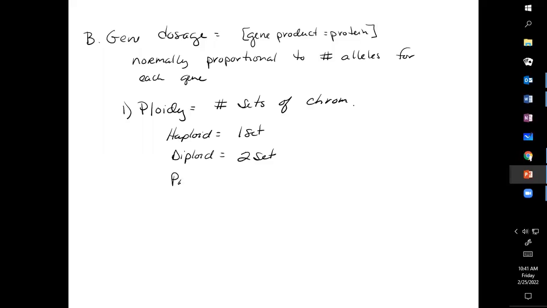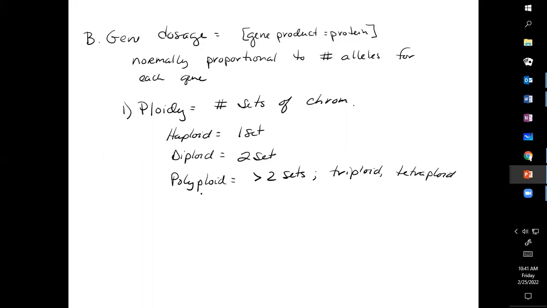In some organisms, not humans, not animals, animals don't handle this well, but in the plant kingdom, we can have polyploid organisms, which means greater than 2 sets of chromosomes. So some examples: triploid, you can probably guess, would be 3 sets. Tetraploid would be 4 sets.